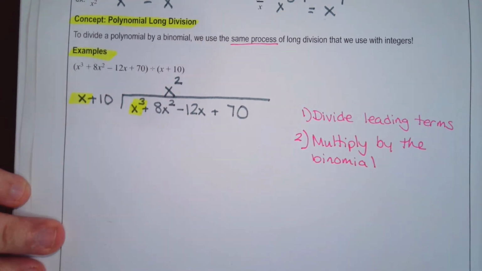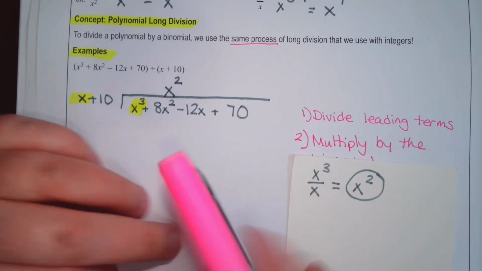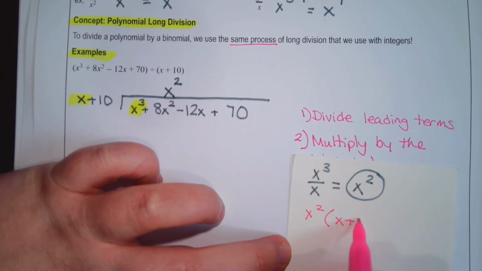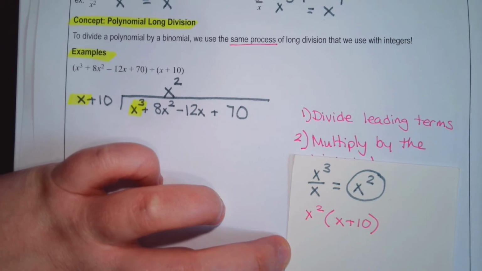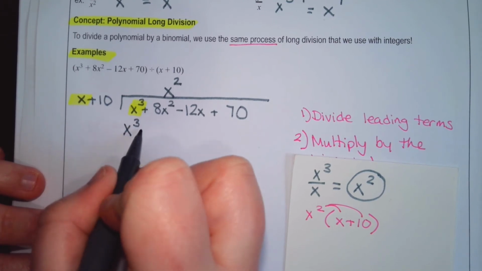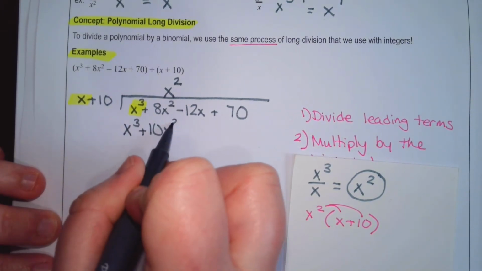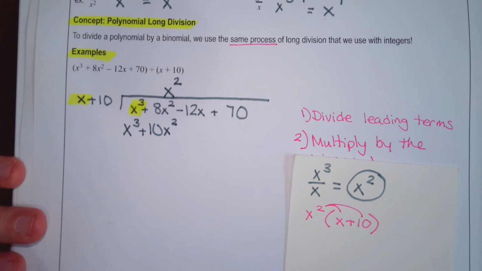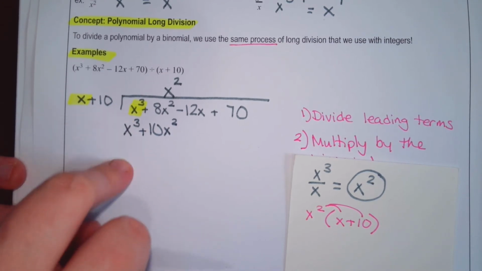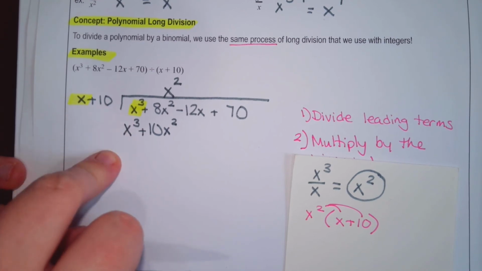So we're going to multiply x squared times x plus 10. So we're going to get, and again we keep it lined up, x cubed plus 10x squared. You know you've done the multiplying right if the first items are exactly the same.